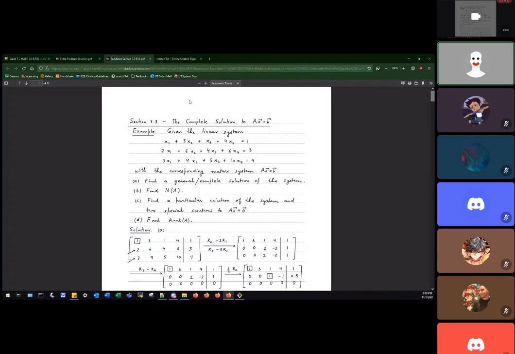Today we'll be going over 3.3. This is talking about the complete solution to any system of linear equations.